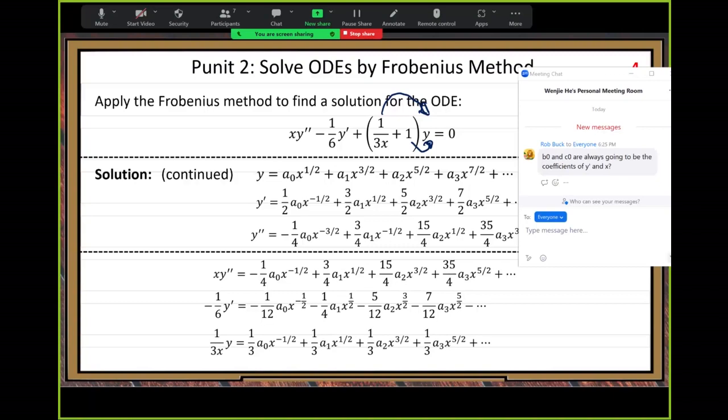So the first time, 1 over 3x multiplied by y. You adjust the x part. Now you can see these three rows, their first term, the x part is the same.